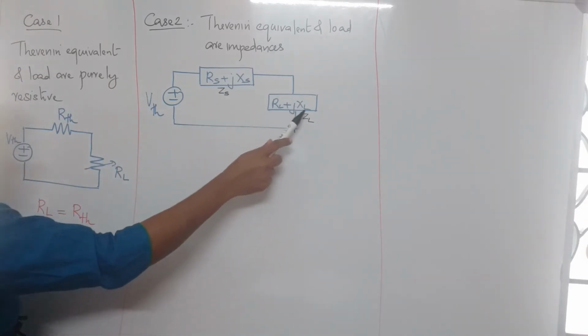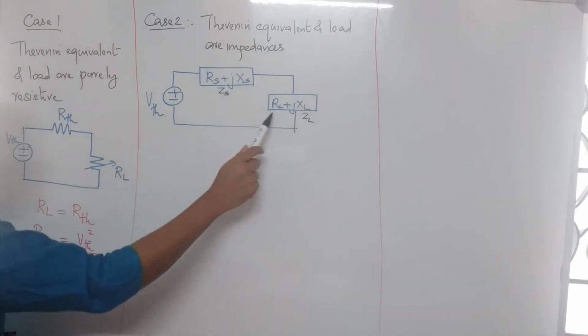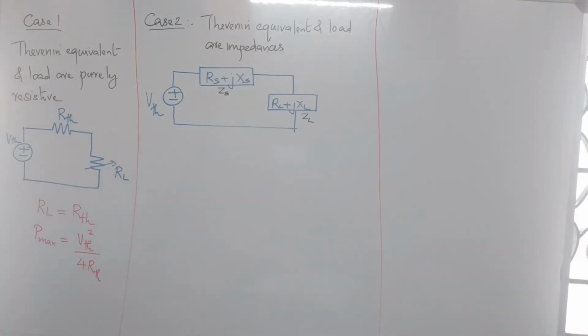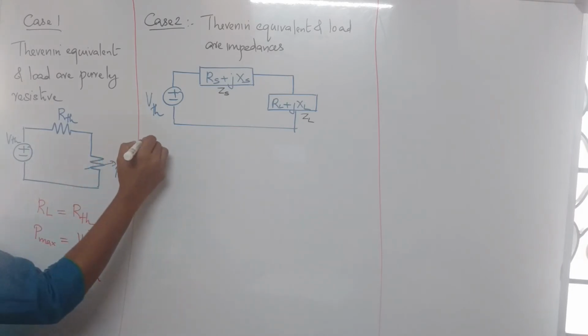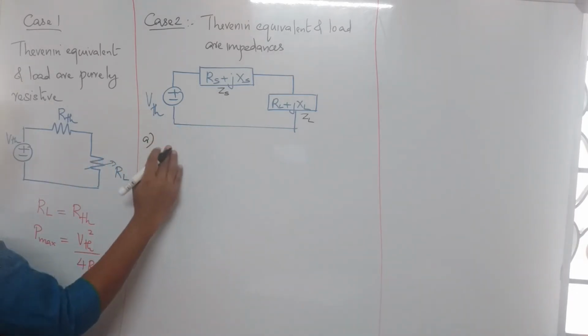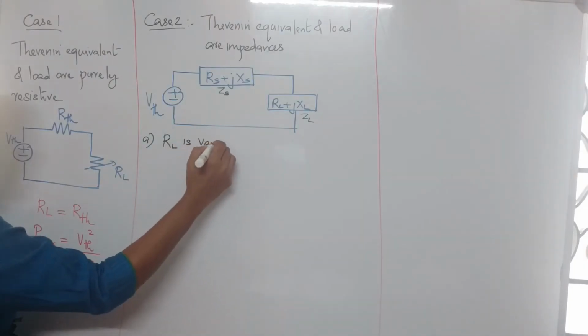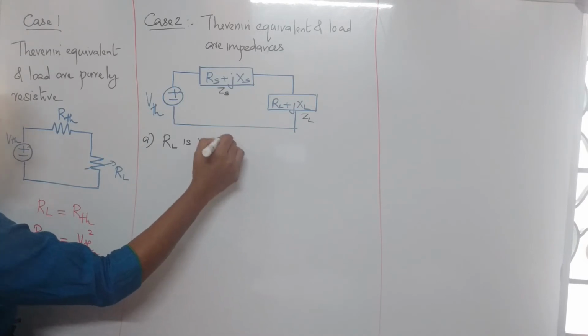Second is just the imaginary part, the XL, is varying. And the third is both RL and JXL are varying. So the first case is, though the load is impedance, only RL is varying.